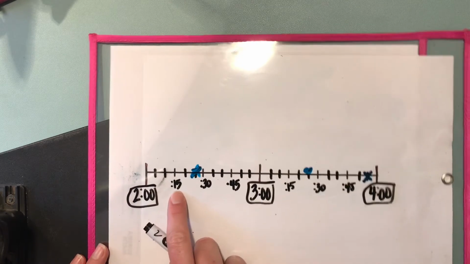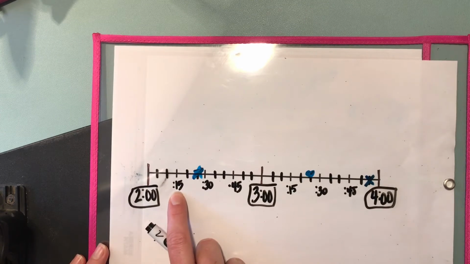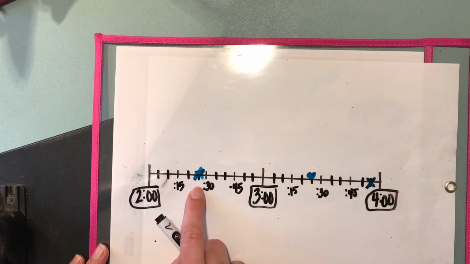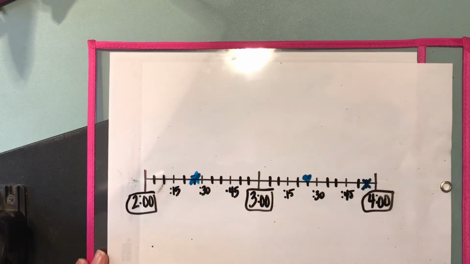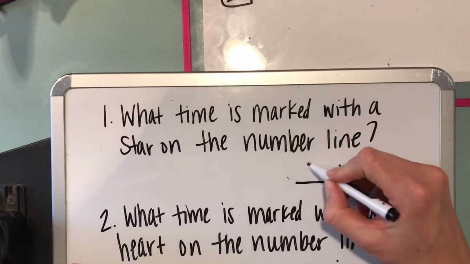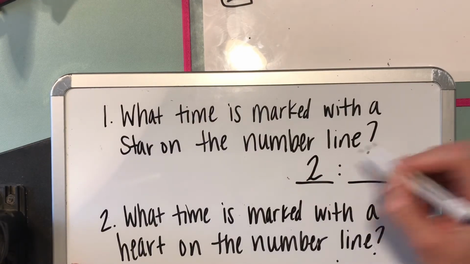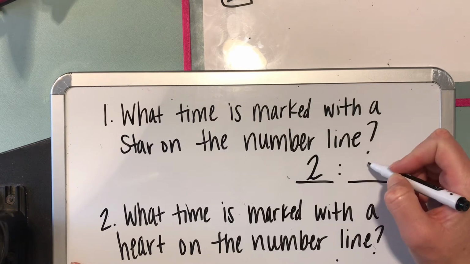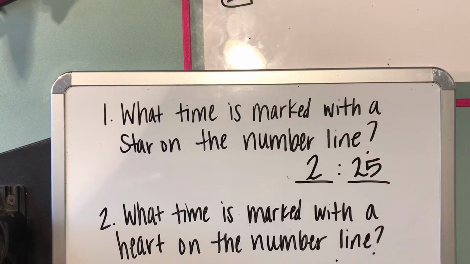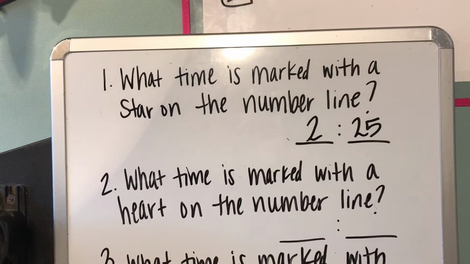Now I'm going to count by 5s from there: 2:15, 2:20, 2:25. So the time here is 2:25. I'm going to write that in digital form on my Seesaw slide. This is not a Seesaw slide, but that's okay. So 2:25.